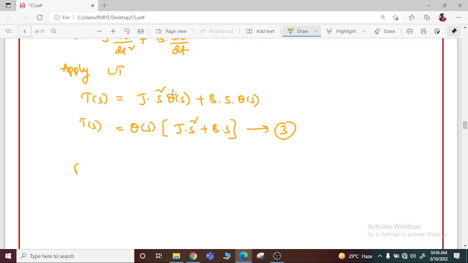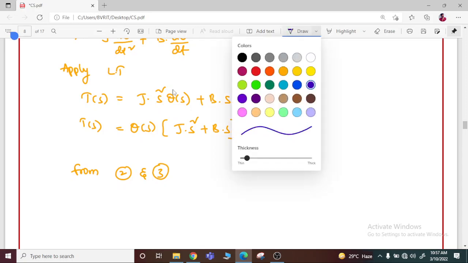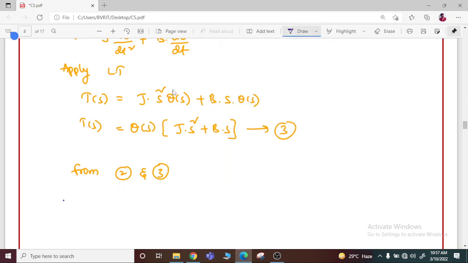So from equation 2 and equation 3, Kt into If of s is equal to theta of s into (Js square plus Bs).